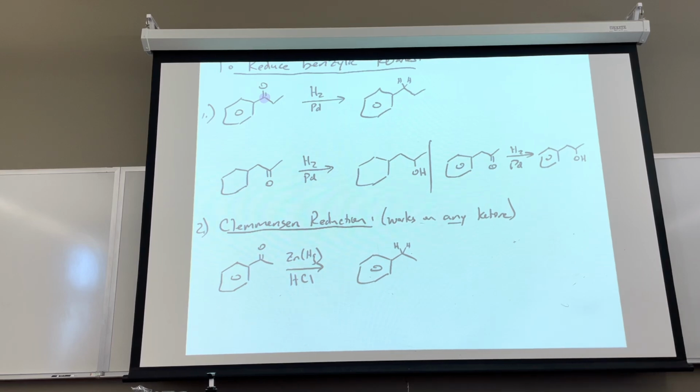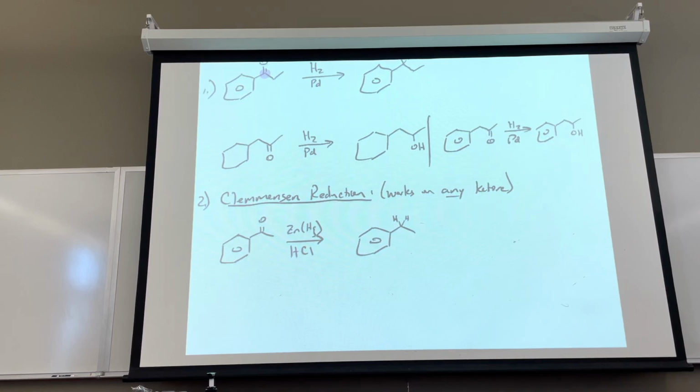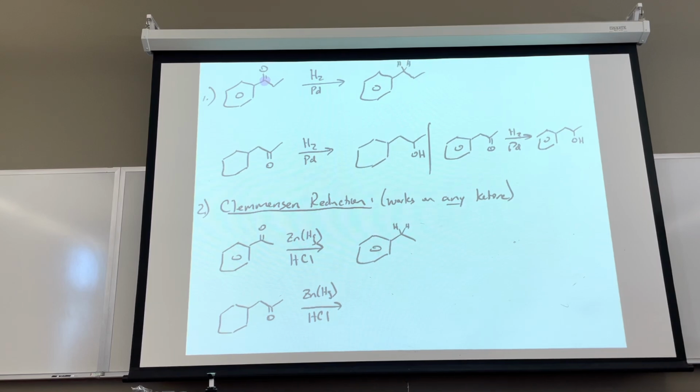And again, you can do this with any kind of a ketone whatsoever. So if I had, let's look at that same molecule that we used a minute ago, this would also reduce to the methylene.